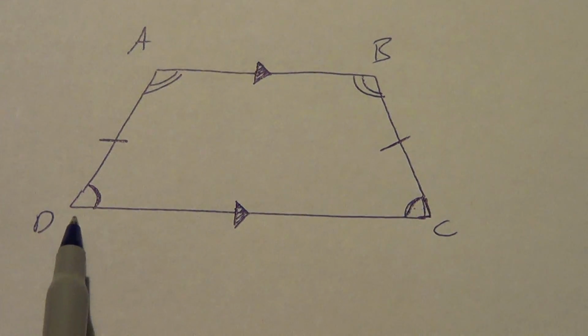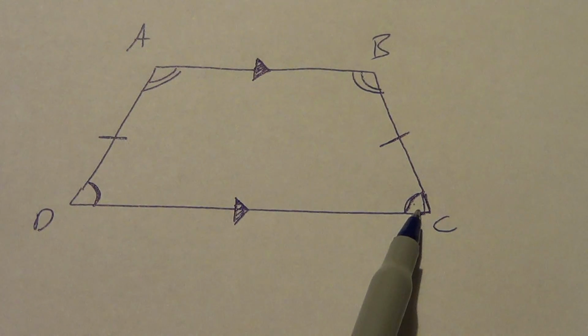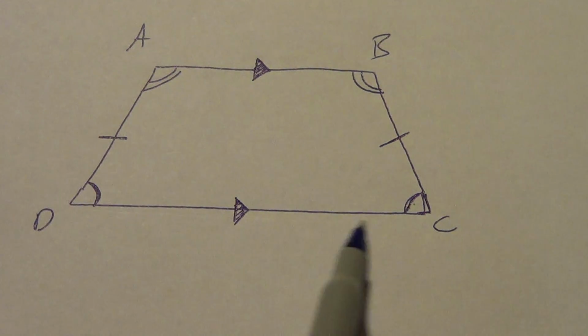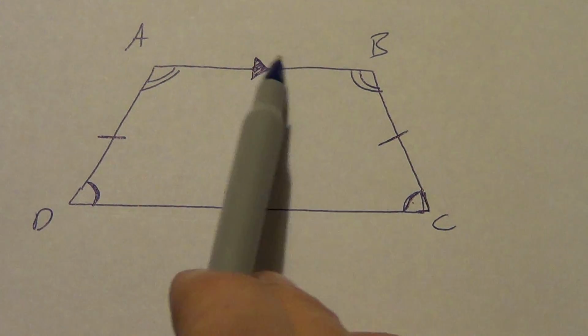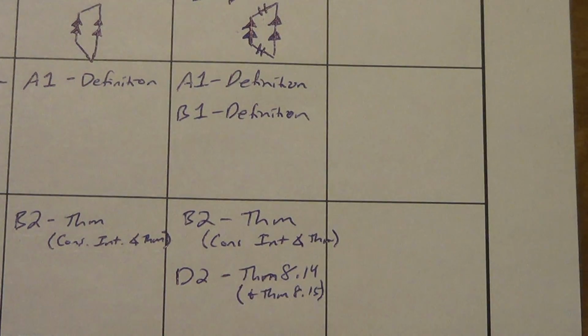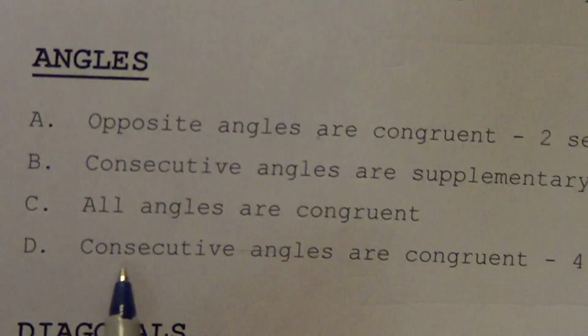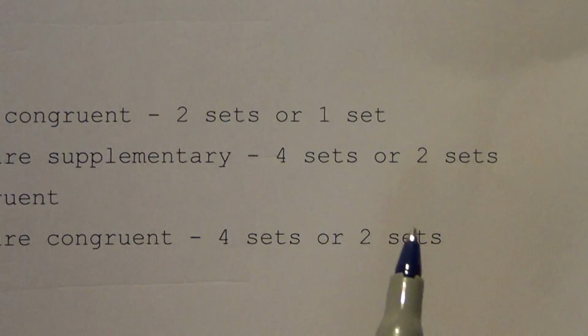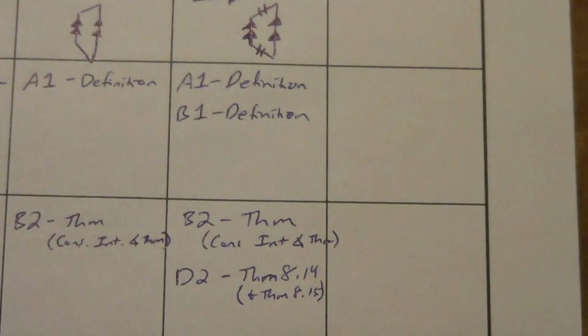So what we end up with is this angle is congruent to that angle. That's one set of consecutive congruent angles. And we have another set of consecutive congruent angles up here. That's what D2 was saying. If we look back at D2, consecutive angles are congruent. Two sets.